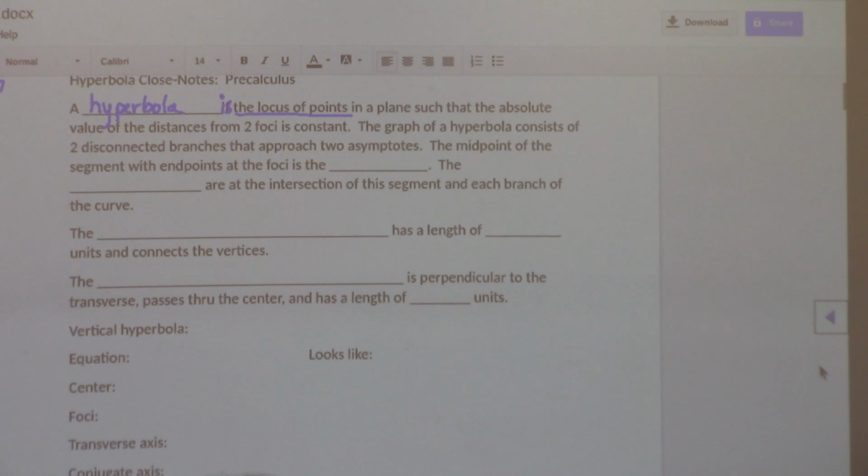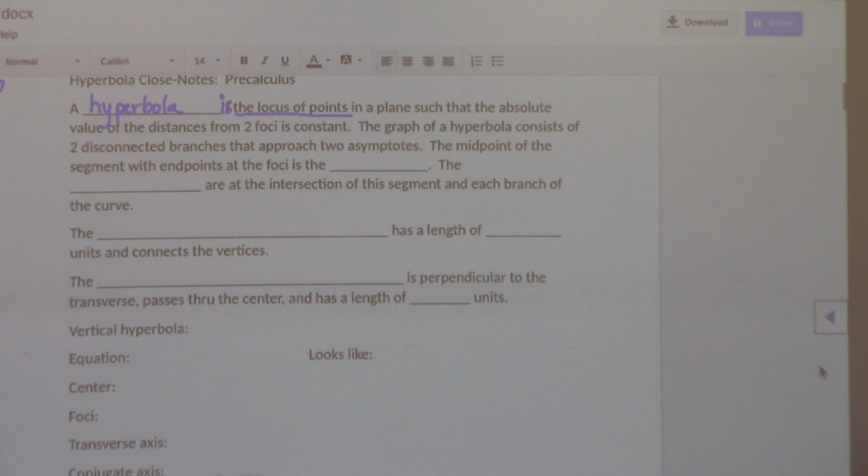All right. What this means is that if we go from this point on this curve to here and to there, this is point P1, the absolute value of the distances from the two foci is constant. So it is constant from here to here.